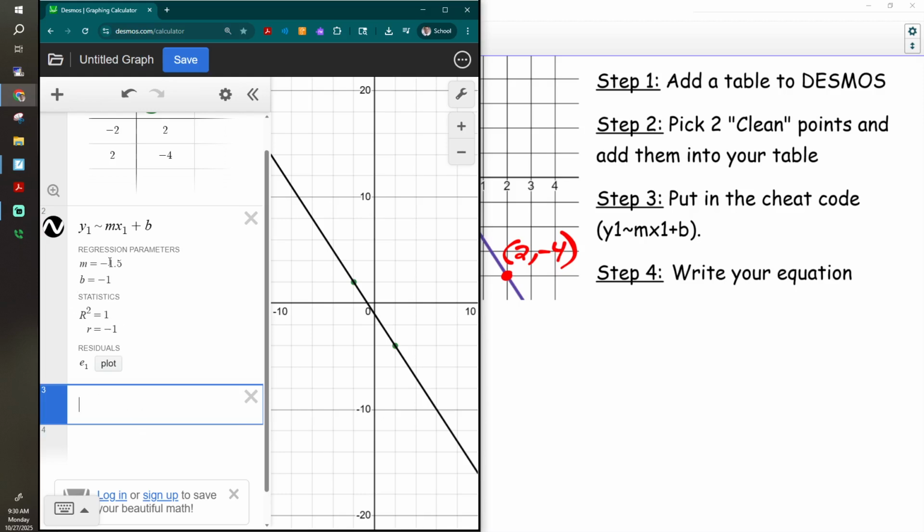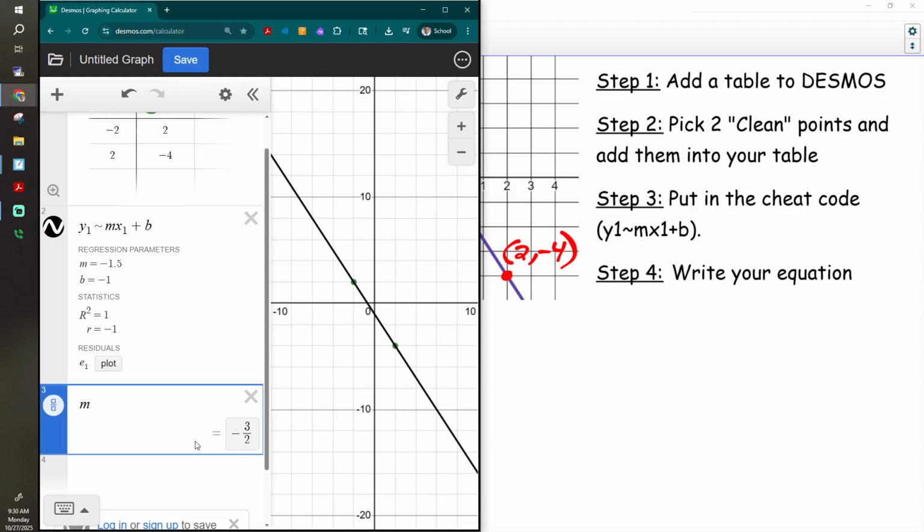Do we want our slope to be a decimal? No. Type in m and turn it into a fraction. So here's my slope, -3/2. Here's my b value, -1. It tells me right under my slope in my cheat code. So I have my 2 things: I have slope, I have b, I can write my equation.